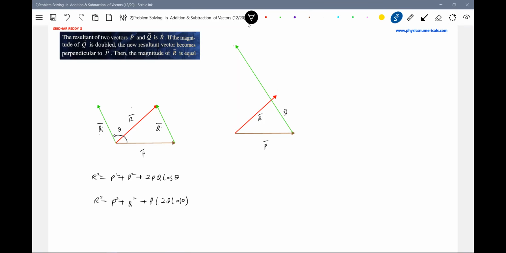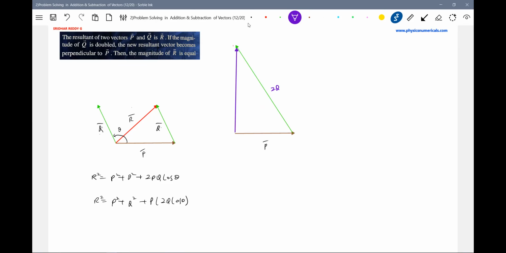It was earlier Q. So now the new resultant will change. So this will become perpendicular now. Earlier it was like that, so this vector will become 2Q. This would be the new resultant.